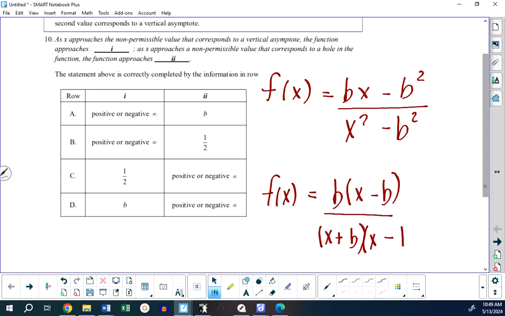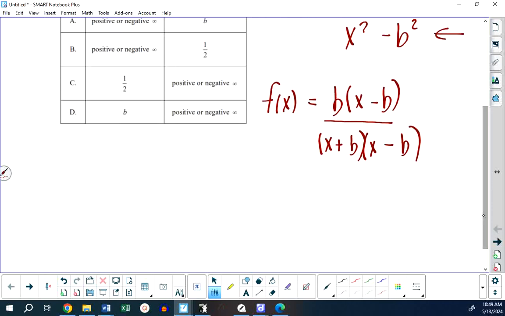And what that's telling us, everybody, is that there are two non-permissible values. I think many people would have known that x is not allowed to be plus or minus b simply by looking at this denominator. So bottom line is x is not allowed to be b, and x is not allowed to be negative b.